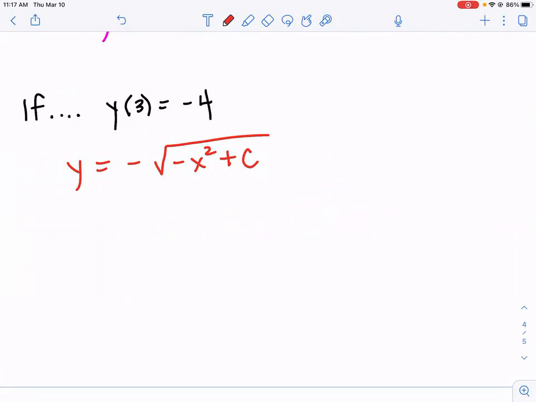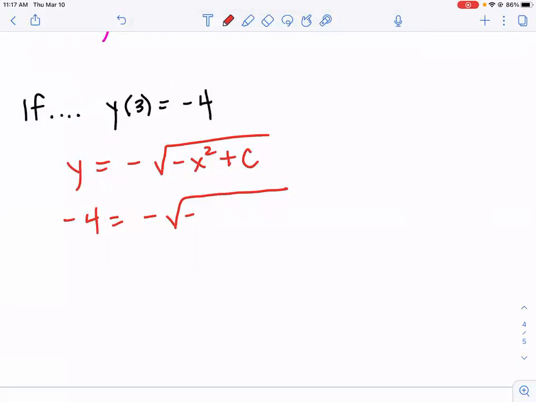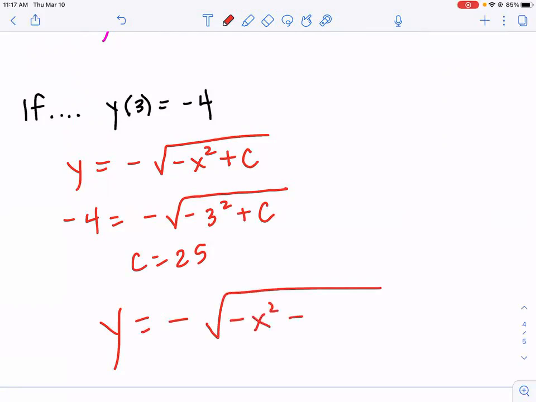Because our y is negative, we need the negative square root. So we would put negative 4. And look at this. We have a negative number equals a negative expression. That's probably good. Okay, so I totally chose like the other semicircle.